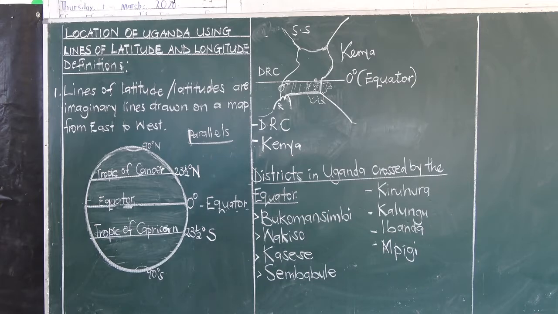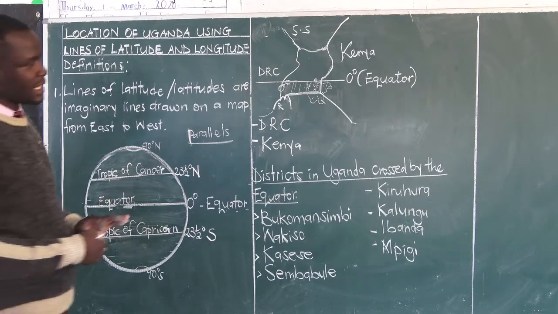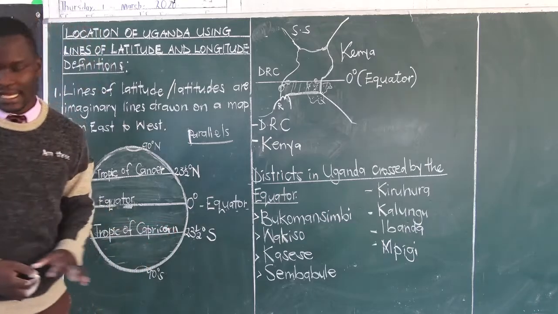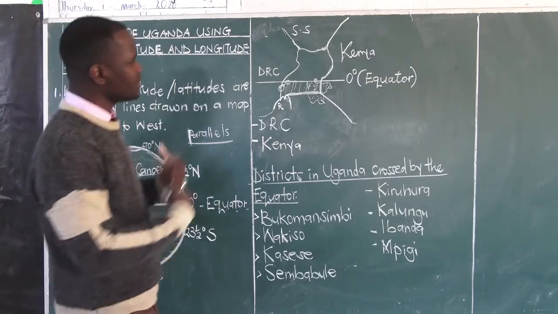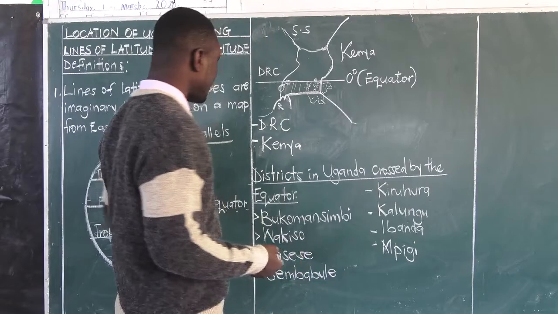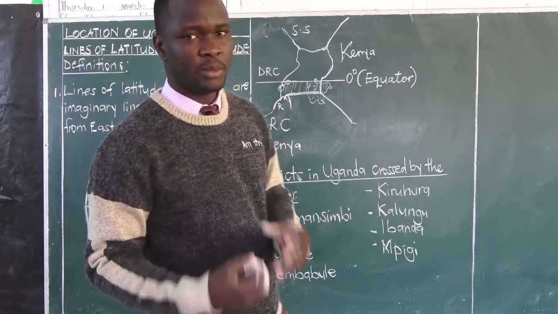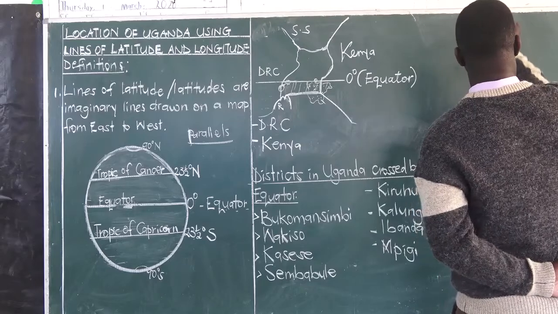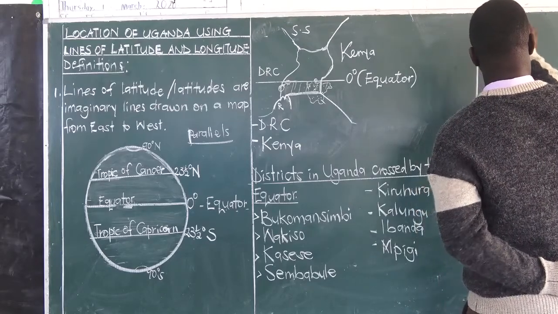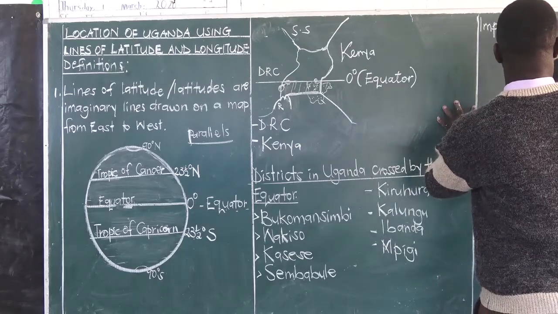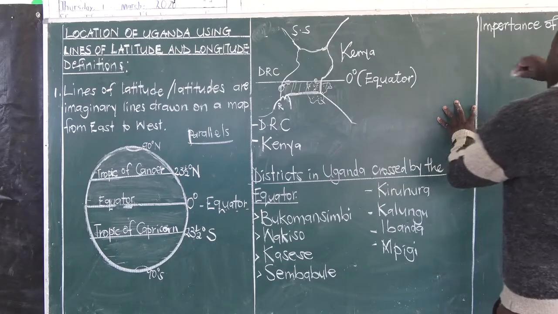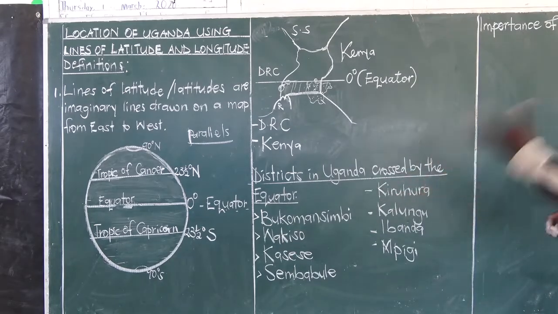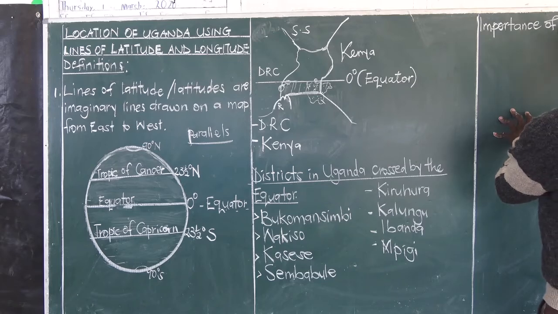Now, let us look at what we call the importance of these lines that we call lines of latitude. How are these lines of latitude important? I told you, lines of latitude can also be simply called latitudes.